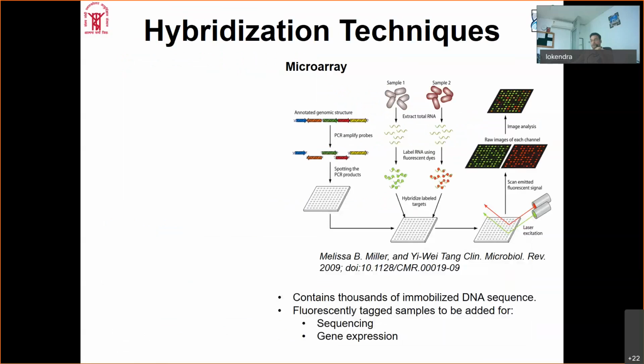Another hybridization method is more advanced, which is called microarray. Again, it is a modification of Southern blotting. In Southern blotting, the DNA is attached to a matrix or the membrane, and then you hybridize with the probe.